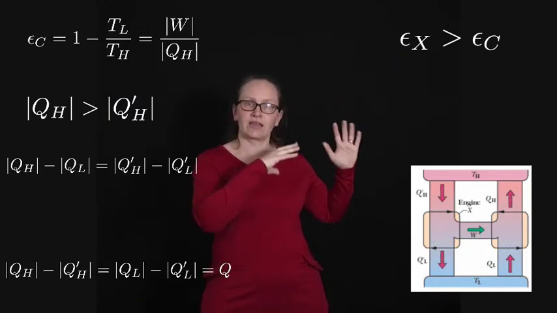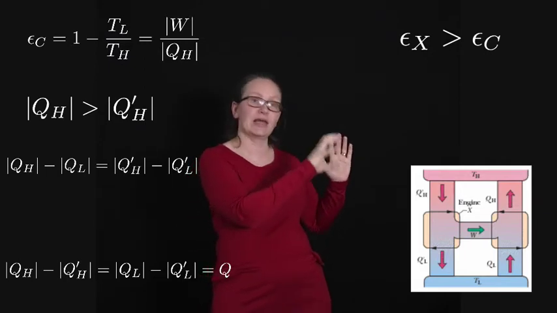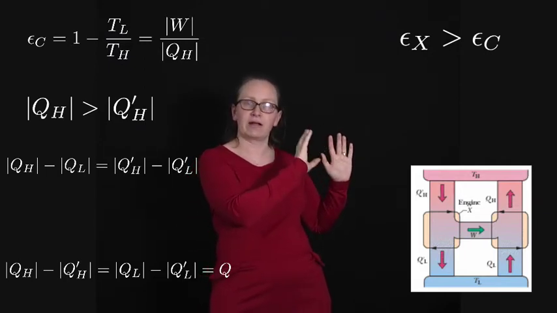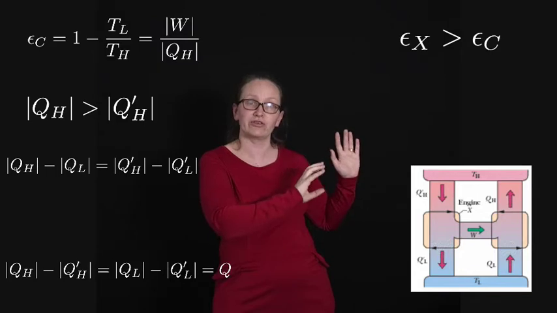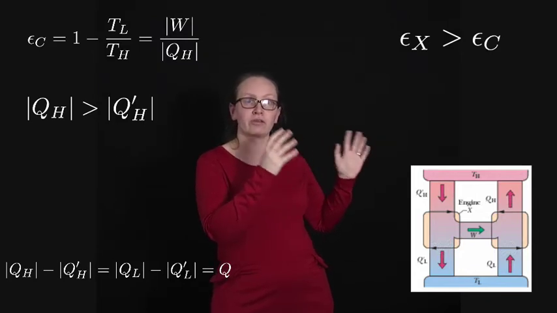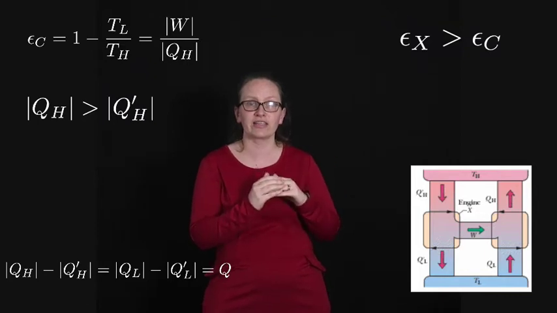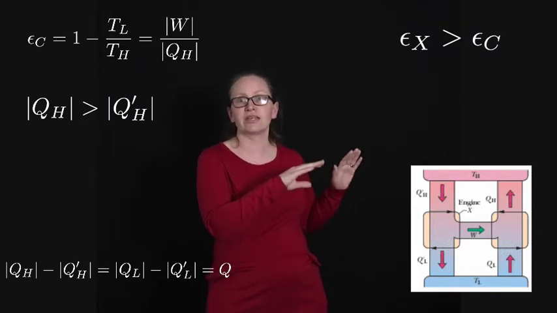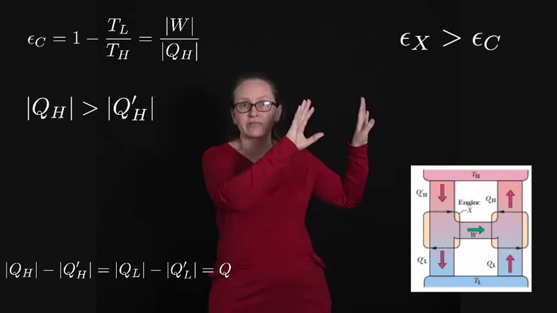Now, looking in externally, there's no work being done in this case because the work is being supplied by our really good engine X, and that's being used to drive this refrigerator. So all the work is being used up. So there's no external work being applied, but we are getting a heat transfer from the lower temperature reservoir up to the higher temperature reservoir.